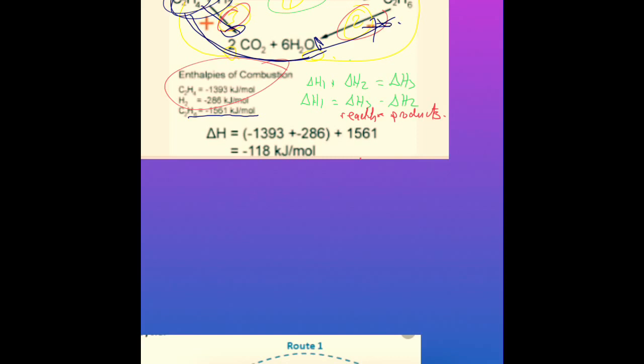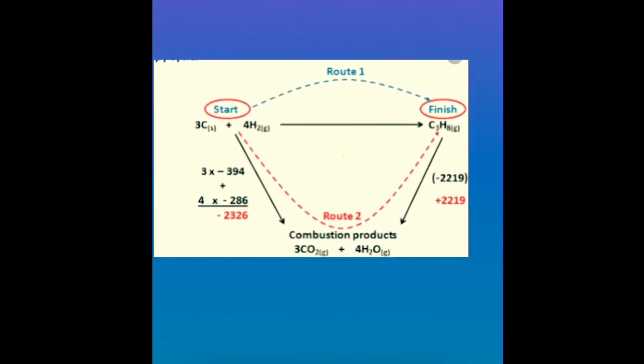So that becomes plus 1561. It's the same as saying minus and minus. So even at this early stage, you can see there are 2 or 3 different ways to approach it. At its simplest form, enthalpy of reactants minus enthalpy of the products, you will get the correct answer, minus 118 kilojoules per mole. So there's the cycle and how the shortcut works.